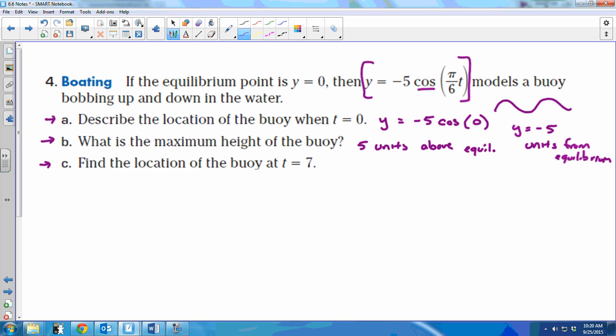And C just says find the location of the buoy at t equals 7. So the same thing, we're just substituting a number into an equation they've already given to you. You guys could all do that without me standing up here and telling you. Again, just make sure that your calculator is in radian mode. So you'll have 7 times pi over 6 is 7 pi over 6, so cosine of 7 pi over 6.